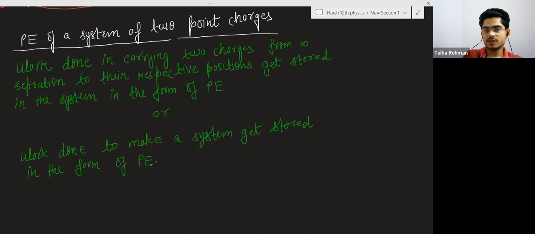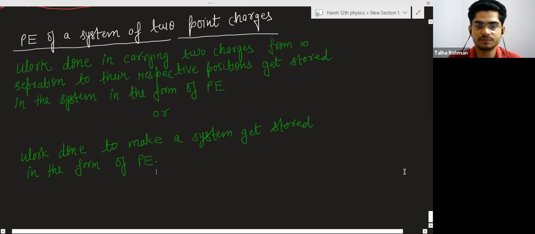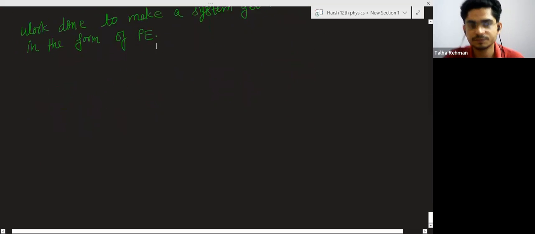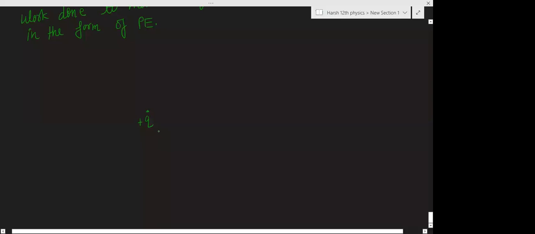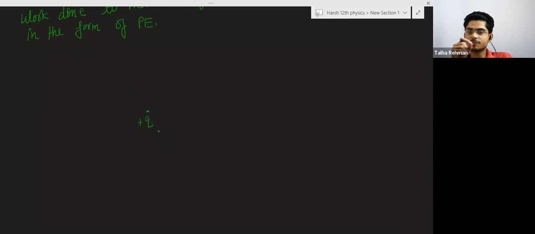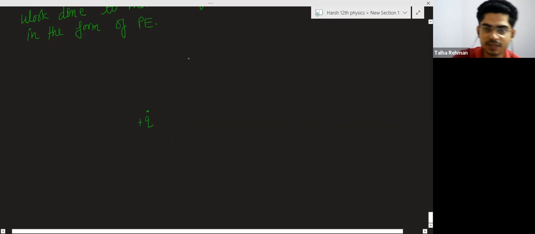So there is a term system. System is two interacting point charges. Suppose there is one charge here only, plus Q charge. Can I say this charge is a system? No, I cannot say this single point charge is a system. I can say it if there is any other charge also.